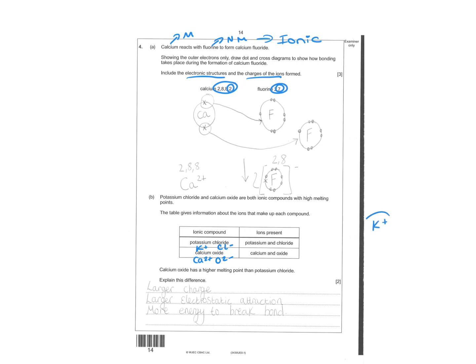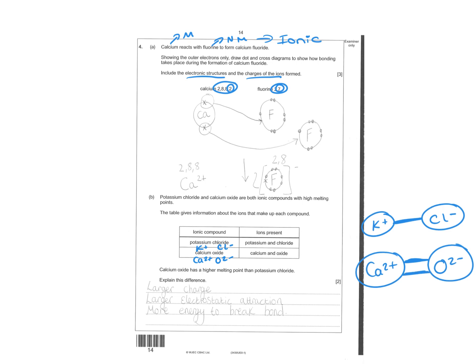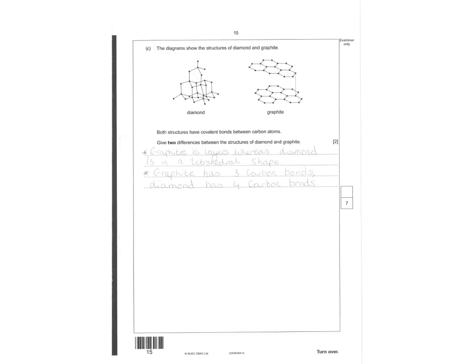Remember, we've talked about, if we wanted to, we could draw one line here, just to think of that's the charge. This then, larger, is harder to break. When you're melting something, you need to break these bonds. So it's harder to break, more energy to break the bonds because there's a bigger attraction, a bigger bond. But you need to make sure you write these buzzwords, electrostatic attraction.